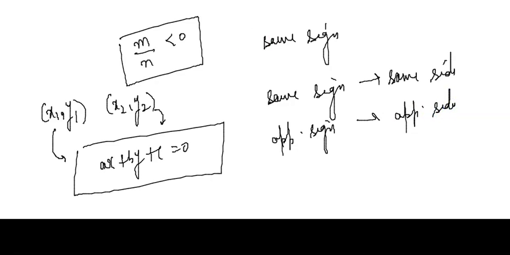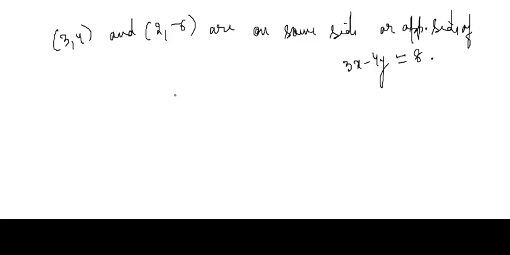Got it? Now let's try this question. The question was, we have to check whether (3, 4) and (2, -6) are on the same side or on opposite sides of this line. So let us say the equation is L = 3x - 4y - 8.